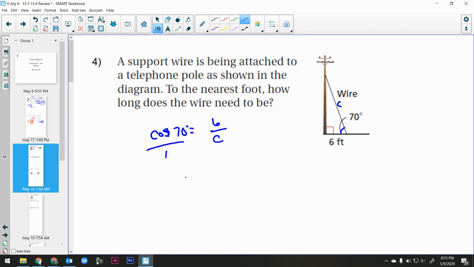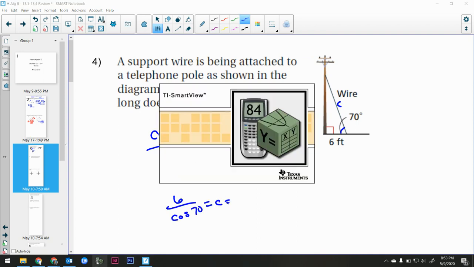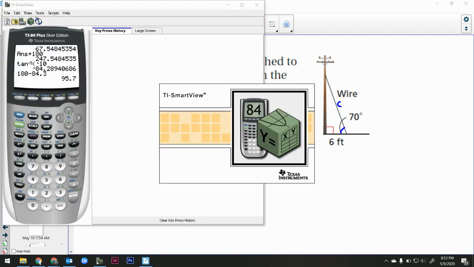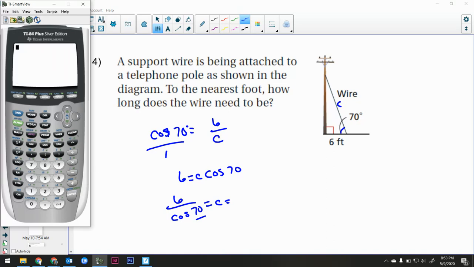Put this over 1 and cross multiply. 6 is equal to C cosine 70. And then I divide: 6 divided by cosine 70 is going to be my C value. So I go to my calculator, open that up. Make sure your calculator's in degree mode. Remember, it matters what the mode is. If you're going to be inputting radian measures, make sure it's in radian mode.